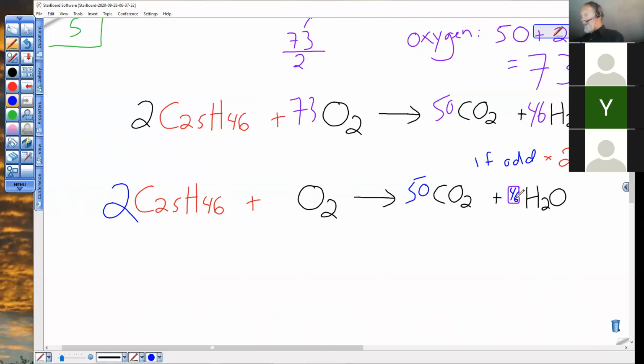And then you're going to add up all your O's. You're going to have 100 plus 46. And there's your 73. And it gets you there a little faster. And only if this is odd are you going to do the times 2 right from the beginning. That's it. If that was even, you wouldn't have any problems.